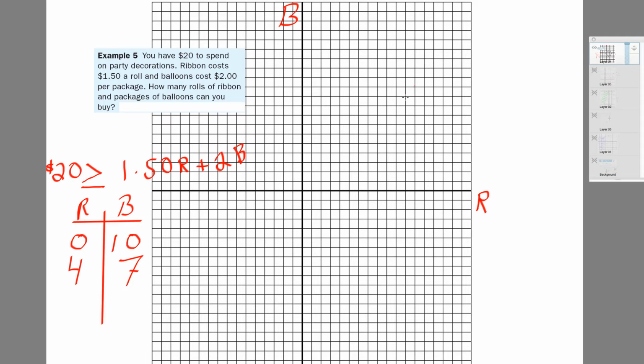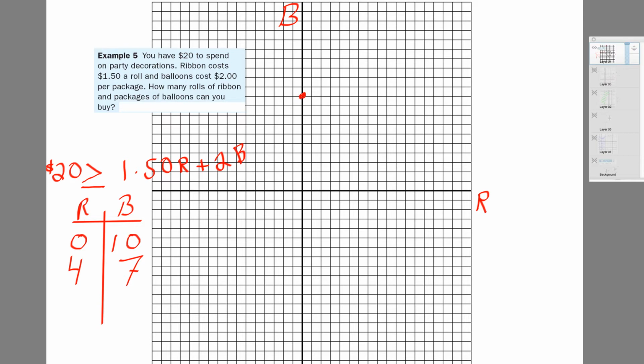So I got 0, 10. R is 0, B is 10. 1, 2, 3, 4, 5, 6, 7, 8, 9, 10. So that's one of my boundary points, and that's if I only buy balloons.